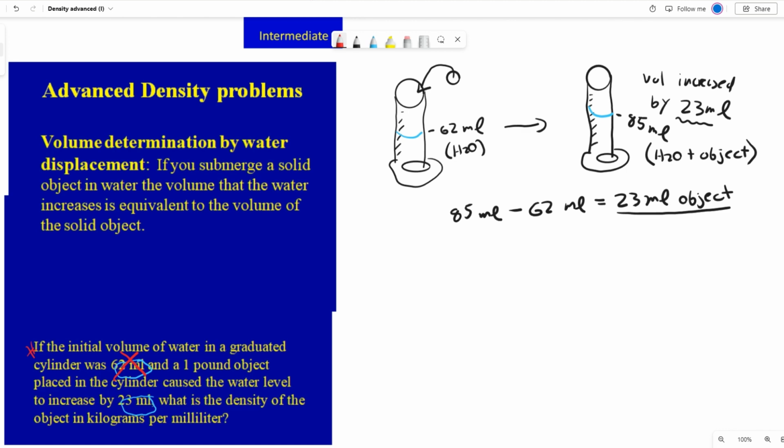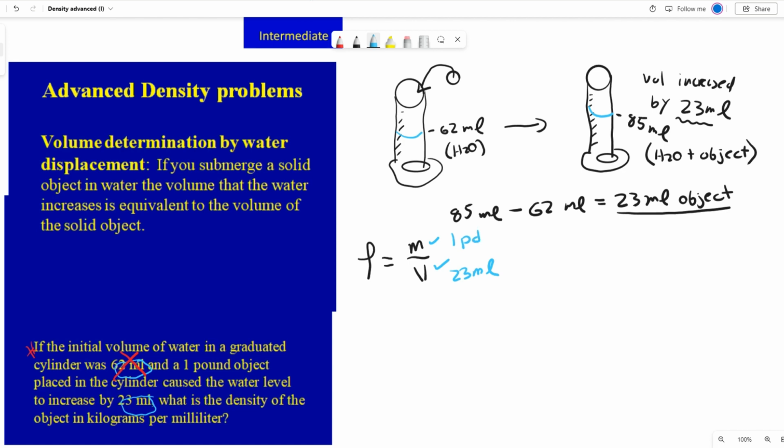So now we know that the volume of the object is equal to 23 milliliters. So our volume we're given, and that is 23 milliliters. And it tells us the mass of the object as well, and it says it's 1 pound.